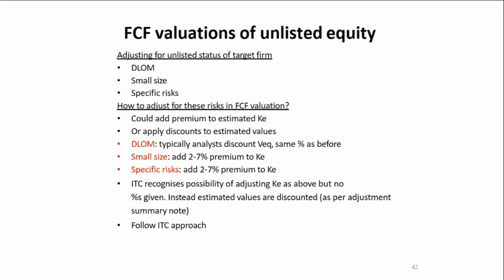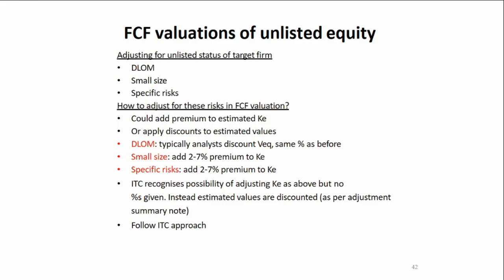In the past, companies have adjusted on average between 2 and 7%, and they have added a premium to their cost of equity. If there are specific risk factors that make the unlisted company more risky than the listed company, you can also add a premium to the cost of equity. In the past, a premium has been added to the cost of equity of between 2 and 7%.